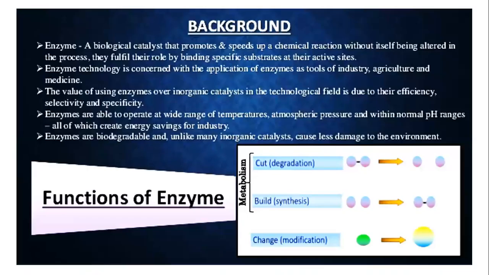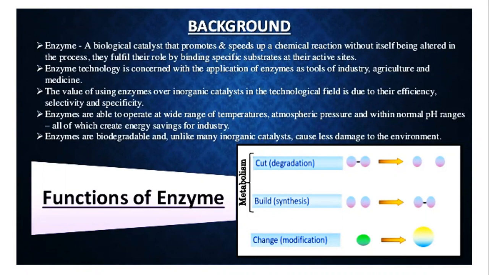So let's start. Now, the first question arises: what is an enzyme? The enzyme is a biological catalyst that promotes and speeds up a chemical reaction without itself being altered in the process, and they fulfill their role by binding a specific substrate at their active sites.